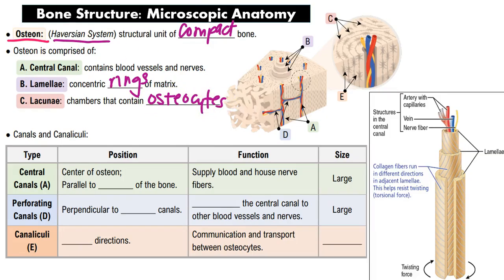Let's see what that looks like on our diagram. So of course, the osteons are going to be circular pieces here. It's kind of all packed in. And then we know the osteon is going to be made of layers upon layers of the lamellae, or rings, okay?